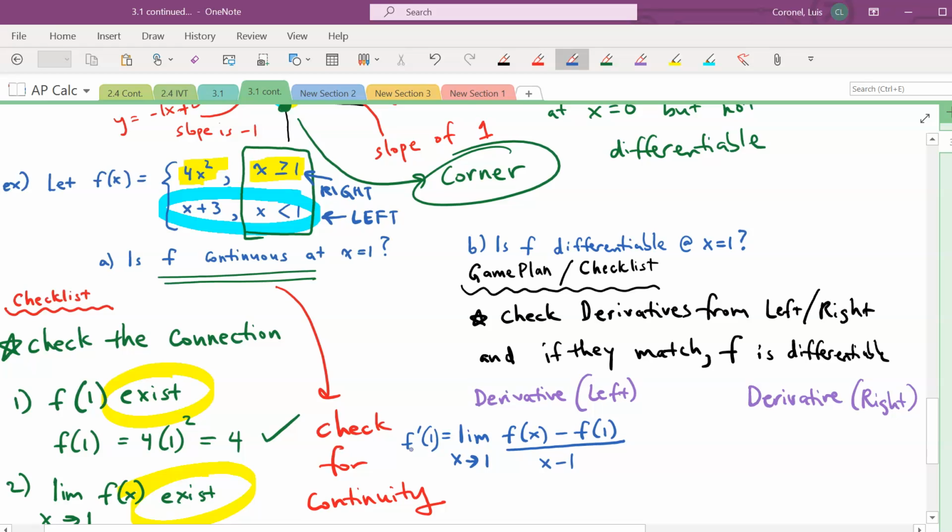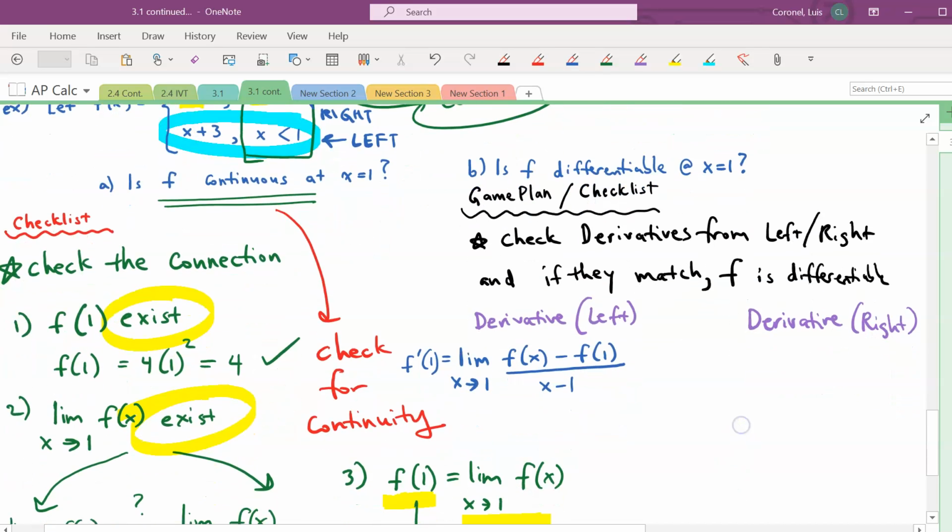So then, since we're using the derivative from the left, f of x is x plus 3. That's our function. So the limit as x approaches 1 of x plus 3 minus f of 1. F of 1, we found that to be 4 earlier. Subtract 4, over x minus 1.